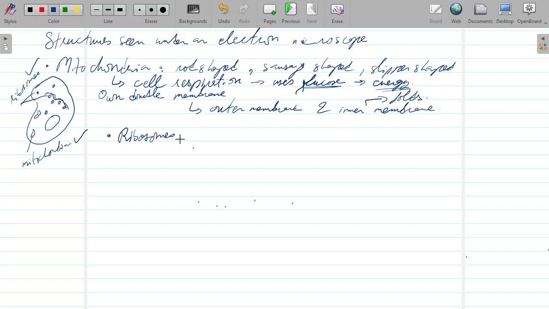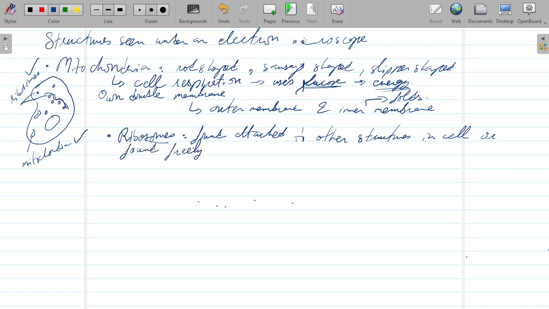And then you've got the ribosomes, which can be found attached to other structures in the cell, or found freely, meaning not attached to anything, in the cytoplasm.